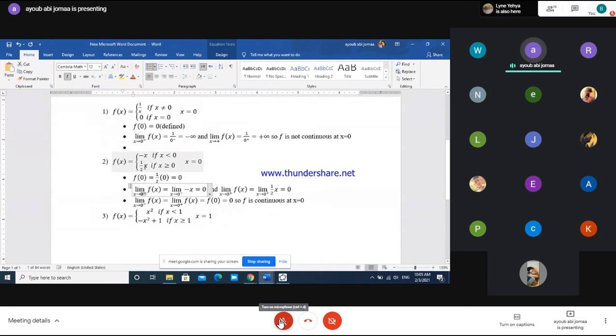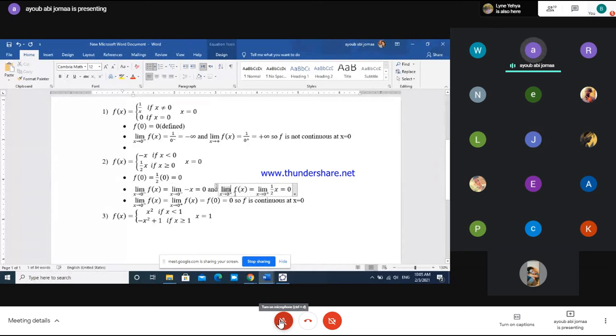Negative x or half x? Negative x, because negative x applies if x is less than 0. So it is the limit as x approaches 0 minus of negative x. Replace now x by 0. What do you get? 0. Okay, so we got 0.